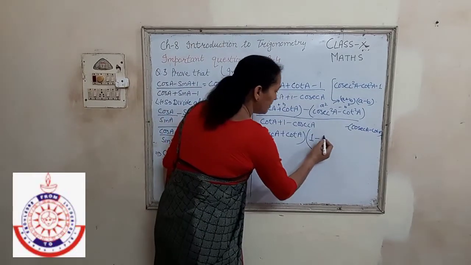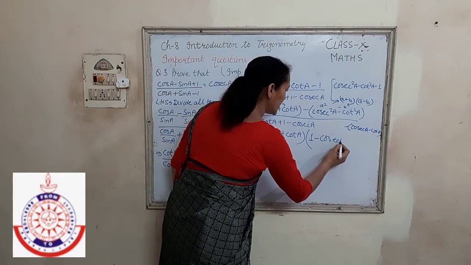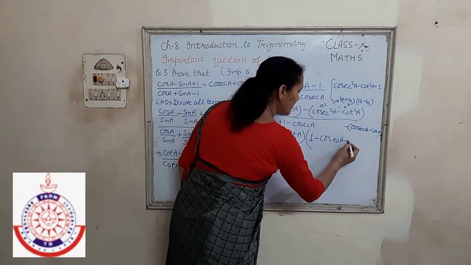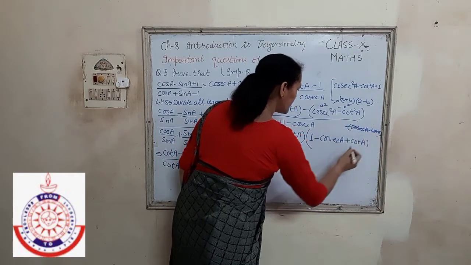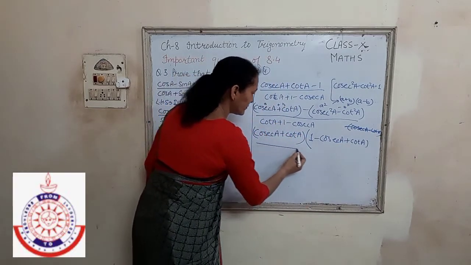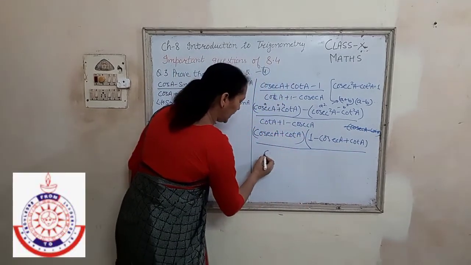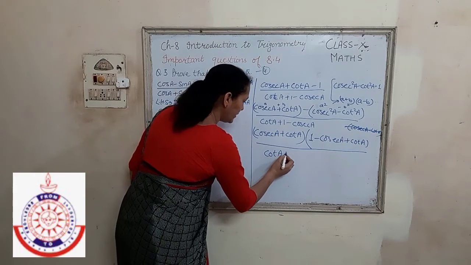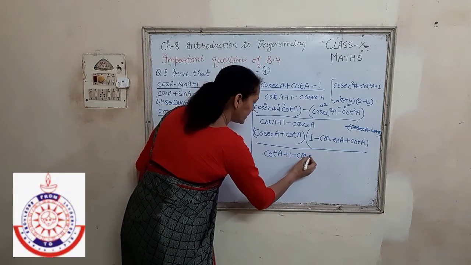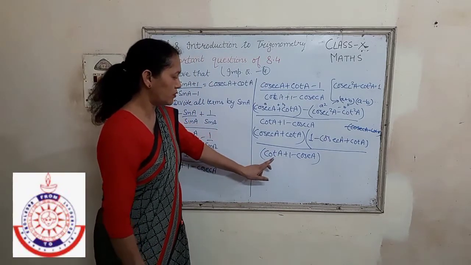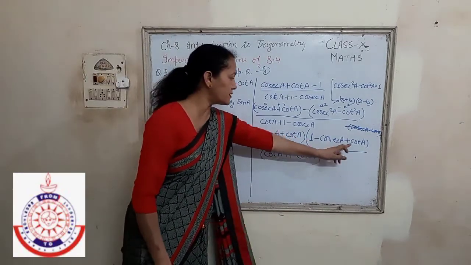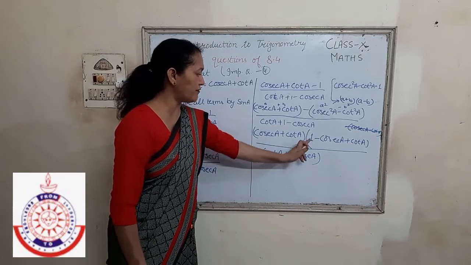But I'll be taking this minus sign inside. It will be minus cosecant, but this minus and minus will become plus. So we have got like this. And in denominator we were having this term. Now compare terms. Cot is in plus, cosecant with minus, and 1 with plus.